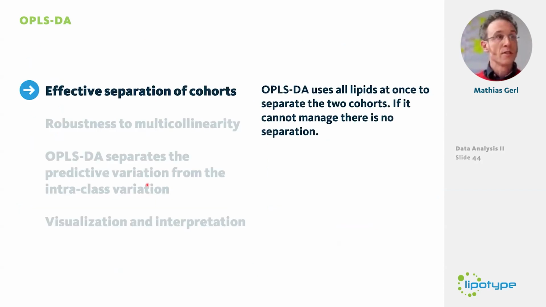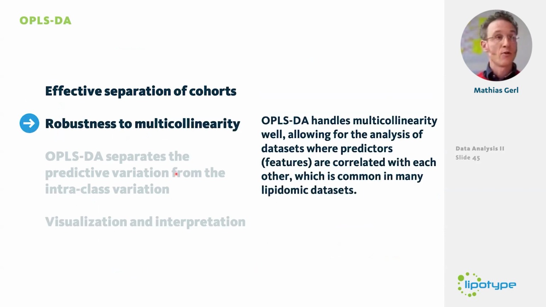So, summary: OPLS-DA effectively separates cohorts. It's robust to multicollinearity. I haven't mentioned this yet, but in lipidomics you have high correlation, which means that a lot of lipids point in the same direction, and then a lot of models get confused. OPLS-DA, by doing the dimension reduction, can effectively deal with this multicollinearity, which is good for lipids.